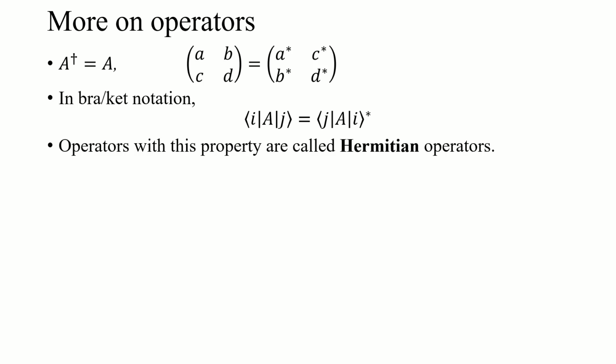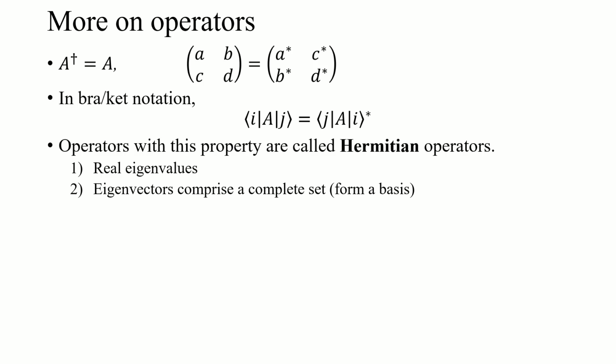And Hermitian operators have two properties that are very important. One is their eigenvalues are real. And the eigenvectors of those operators form a complete set, i.e. you can use them to form a basis. Any vector in that whole Hilbert space can be described as a linear combination of the eigenvectors of that matrix.